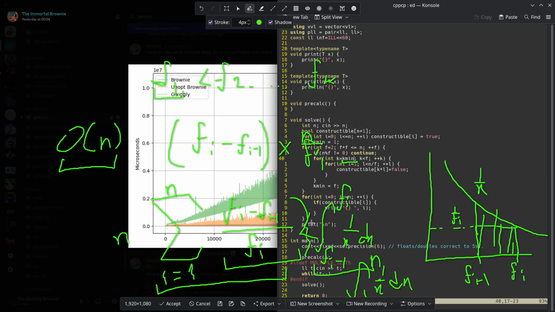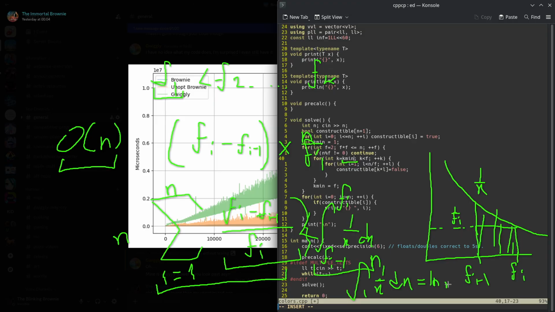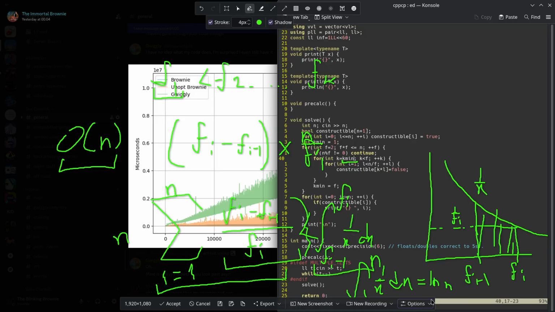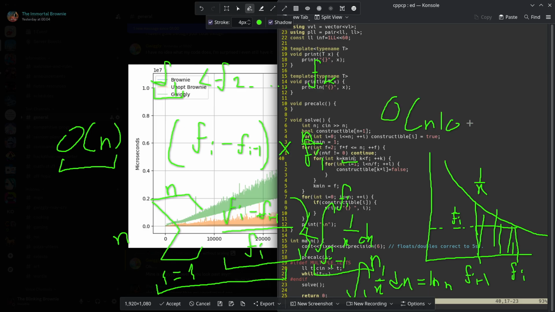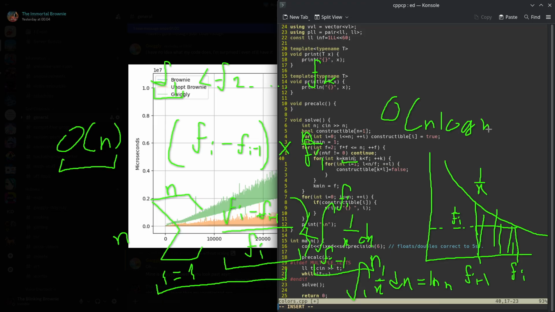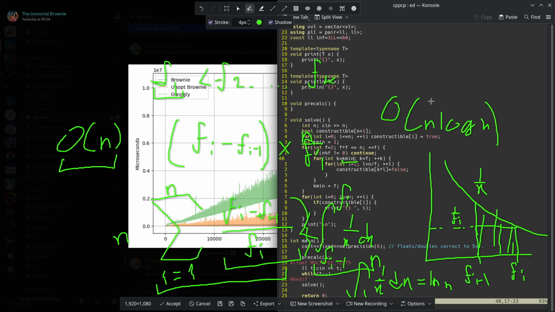So this is bounded by the integral of 1 over x dx from 1 to n, and we know this is just ln of n. So this is an upper bound of O of n log n. So this is better than O of n dn.